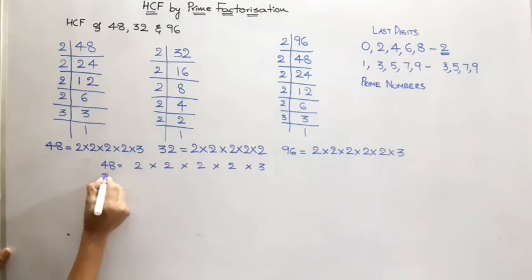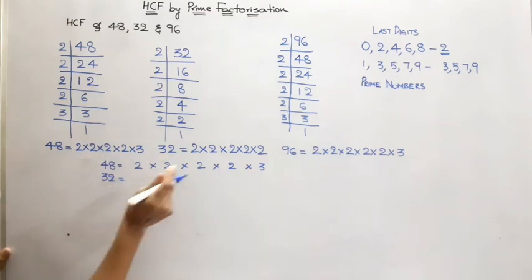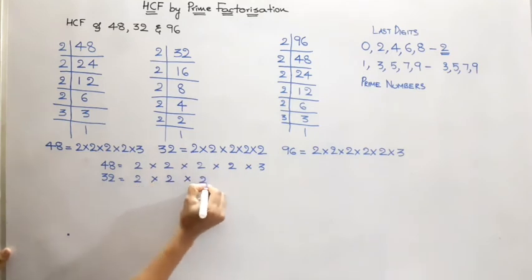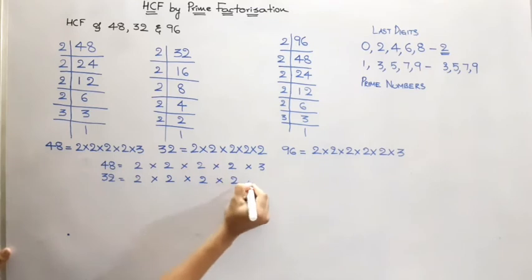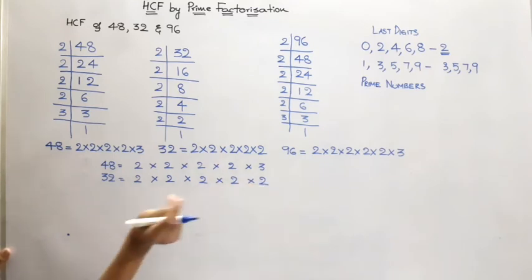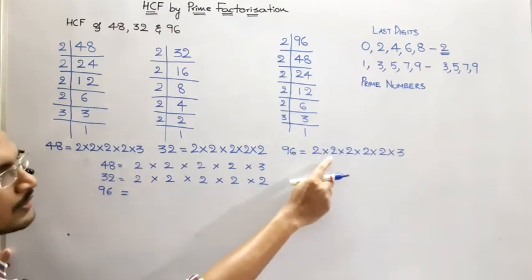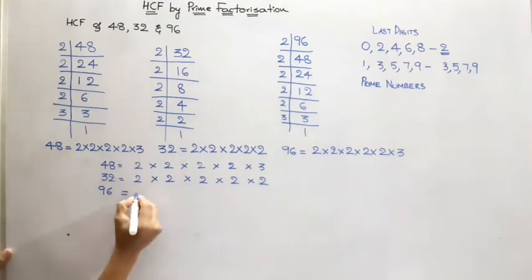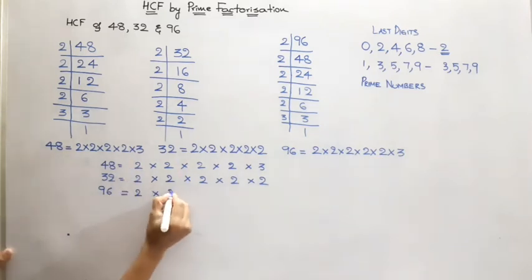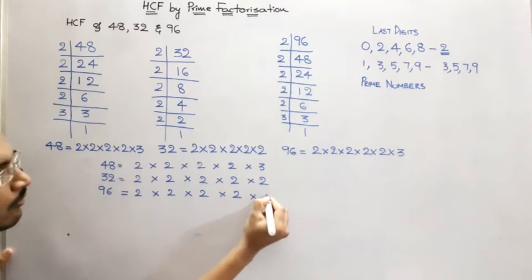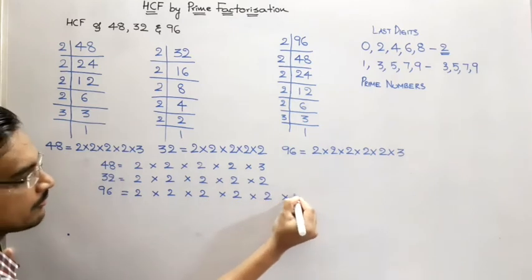Next, how did we get 32? Five 2s: 2 into 2 into 2 into 2 into 2. And now 96: five 2s and 1 3.